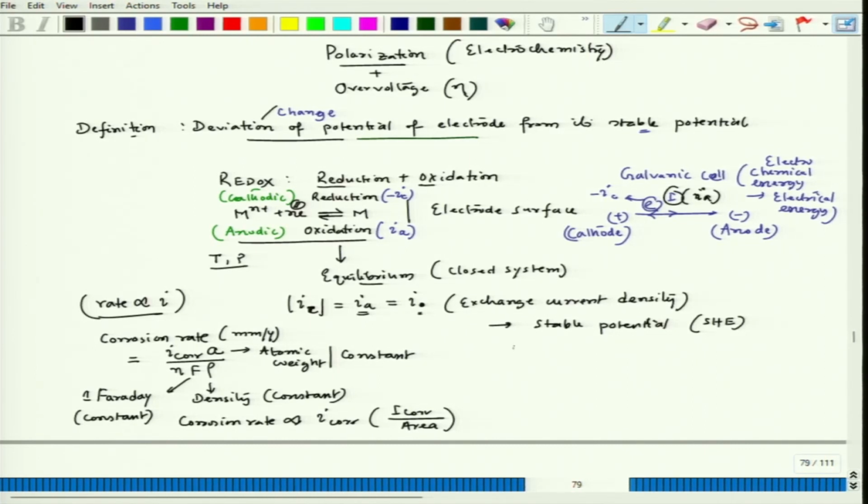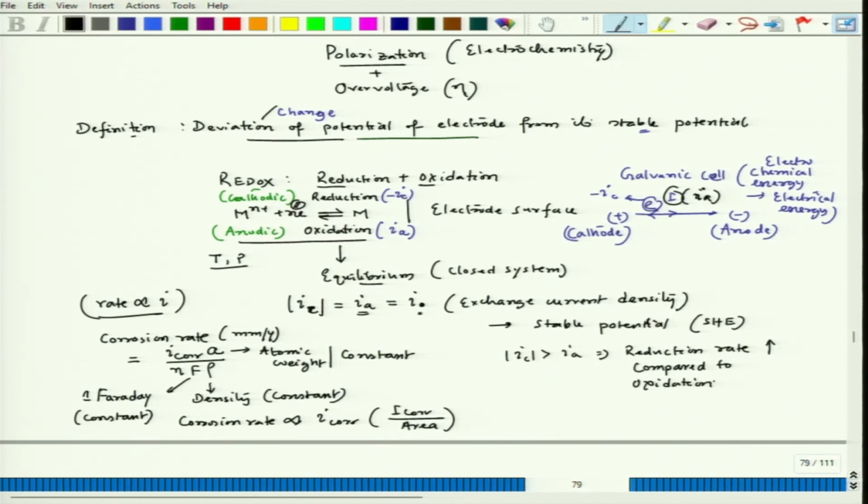So, if let us say IC is greater than IA, then definitely the reduction is more. Reduction rate goes up compared to oxidation.